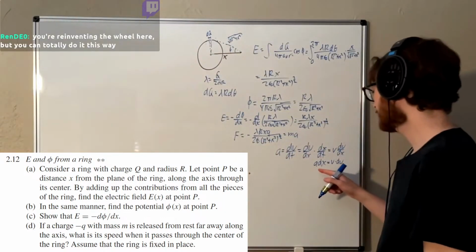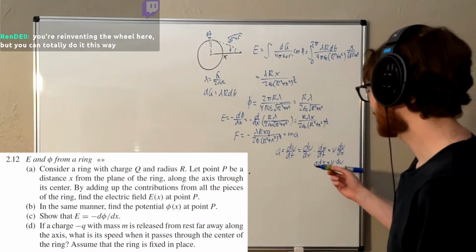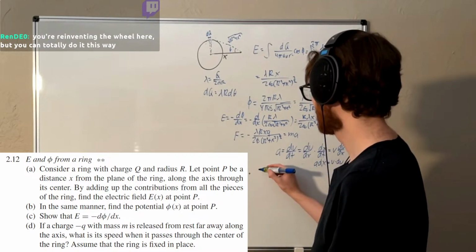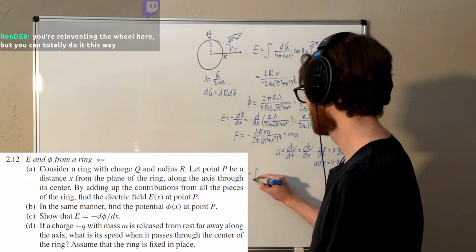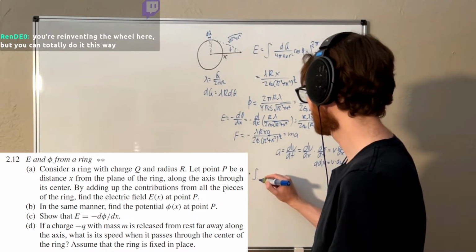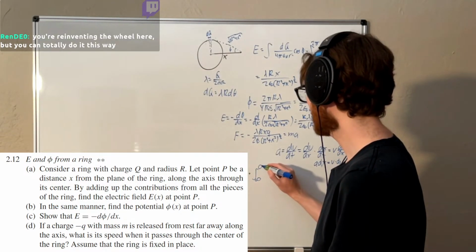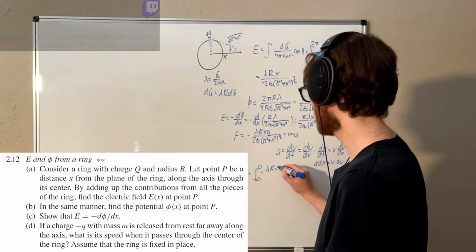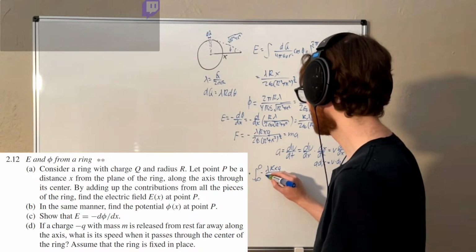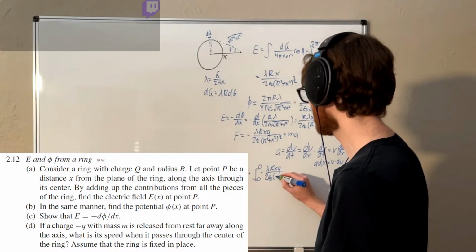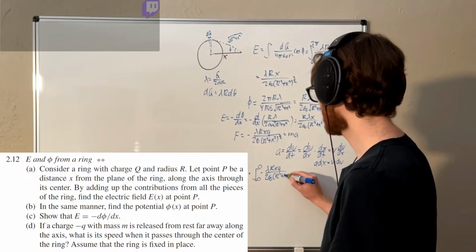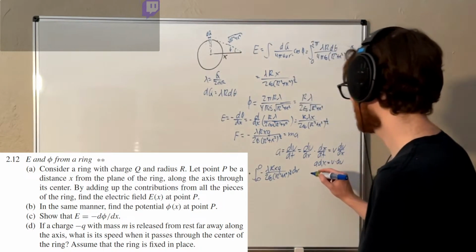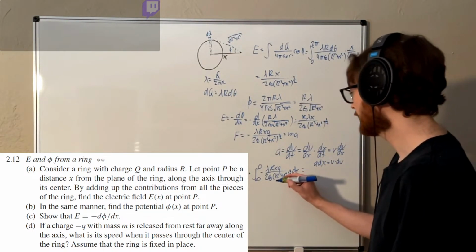So if we plug in for A here and integrate each side, from infinity to 0 of minus lambda r x q over 2 epsilon naught times (r squared plus x squared) to the 3/2 dx.